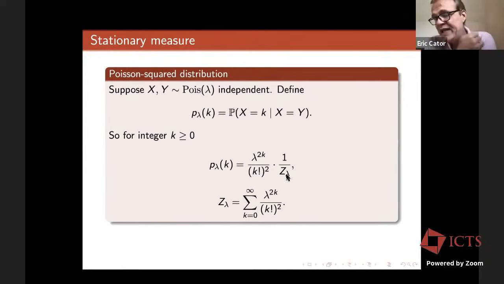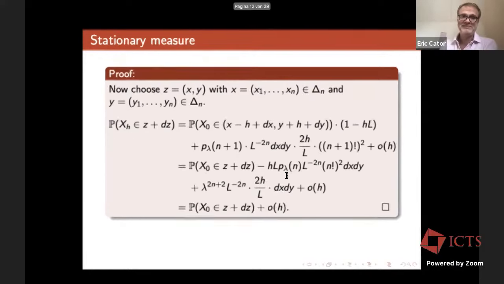So our guess would be that to get a stationary measure, you take a draw from this Poisson-squared distribution with some parameter lambda, and then you distribute the positive and negative particles just uniformly on this [0, L]. That's the idea.